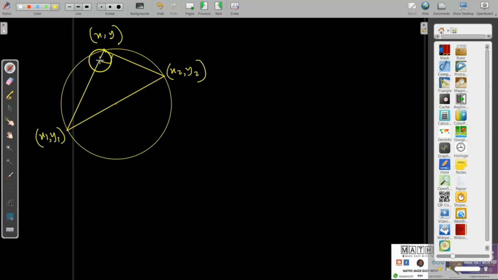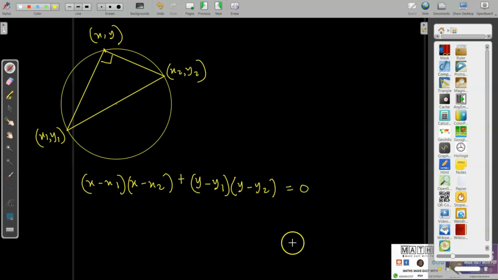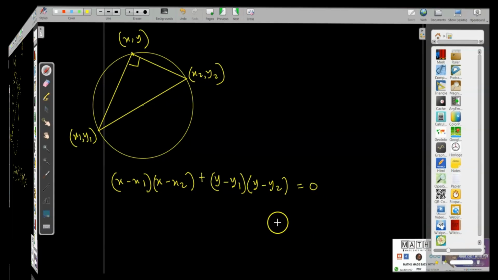So with this idea, to get the equation of the circle for which the endpoint of the diameter is known, you can use the formula x minus x1 all multiplying x minus x2 plus y minus y1 all multiplying y minus y2 all equal to 0. When you use this, it will give you the final answer as expected.